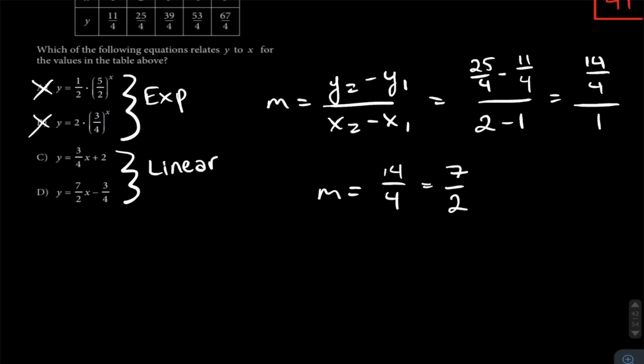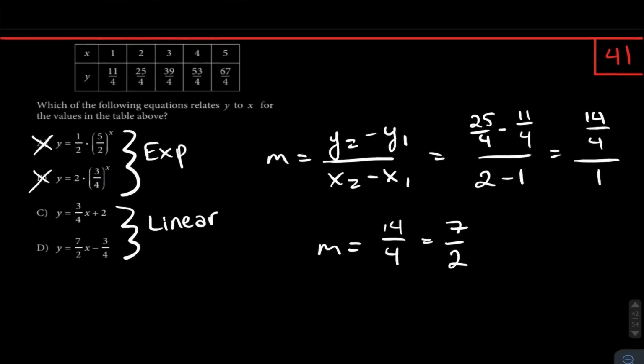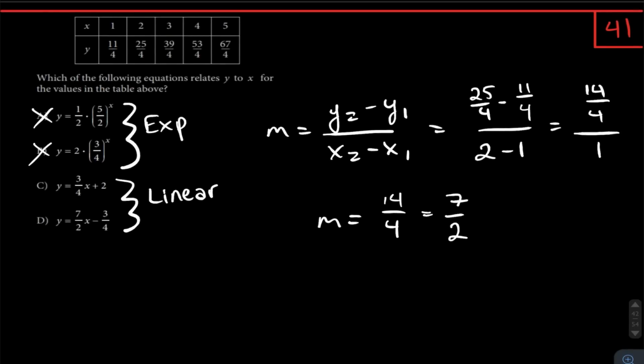We could have looked at this table and said, okay, we've been increasing by 14 over 4 each time. So you would have already had to know your slope, and then you could have identified it. I think this is the longer way.